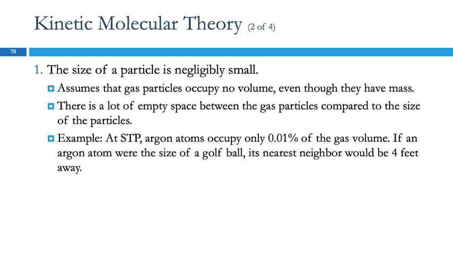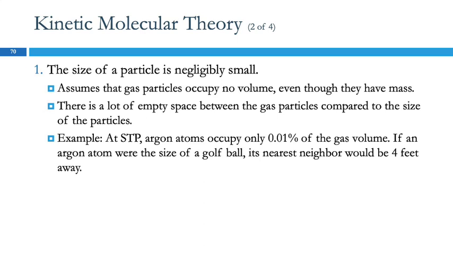So the first big idea in kinetic molecular theory is that the size of a gas particle is negligibly small. Of course, those gas molecules or atoms have volume, but compared to the volume of the gas as a whole, they are so small that they don't matter, right?